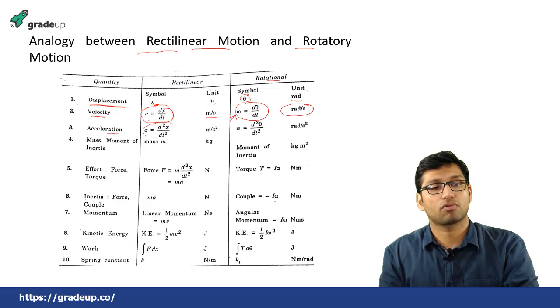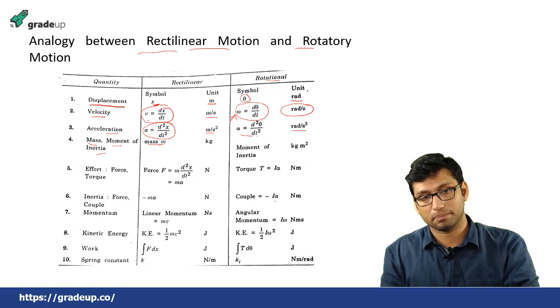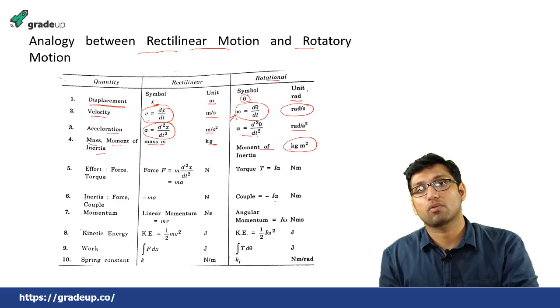Acceleration is given by d square x by dt square, unit is meter per second square, and this is equal to d square theta by dt square and the unit is radian per second square. If you talk about the mass moment of inertia, mass m has unit kg, and the moment of inertia has unit of kg meter square.